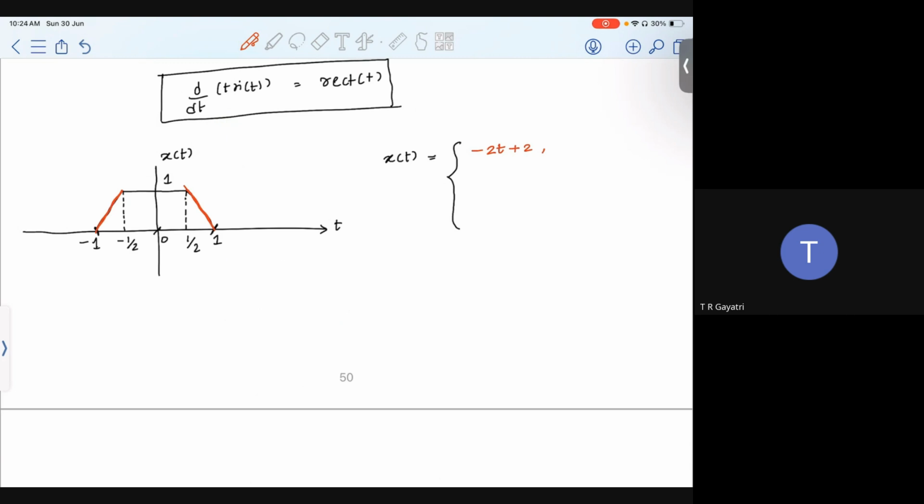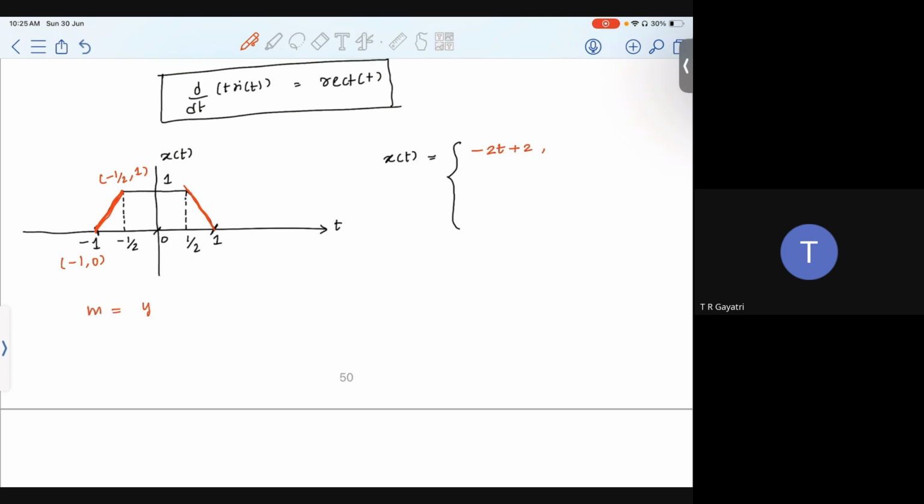If you want to find the equation corresponding to this line, you can represent the points minus 1 comma 0 and minus half comma 1, and try to find the slope.